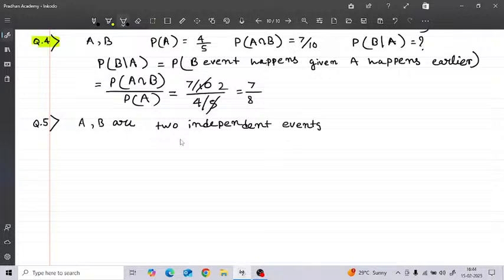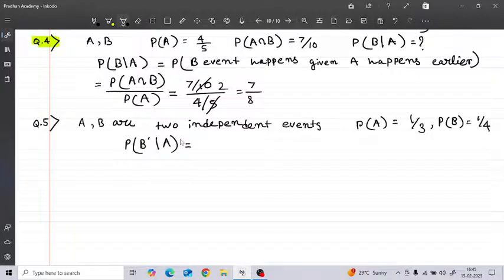It is given that probability of A is 1/3 and probability of B is 1/4. Now we have to find probability of B complement bar A. We have to find this conditional probability. Now how to find it? Now it is given that A and B are independent. Okay, now you can easily see that.